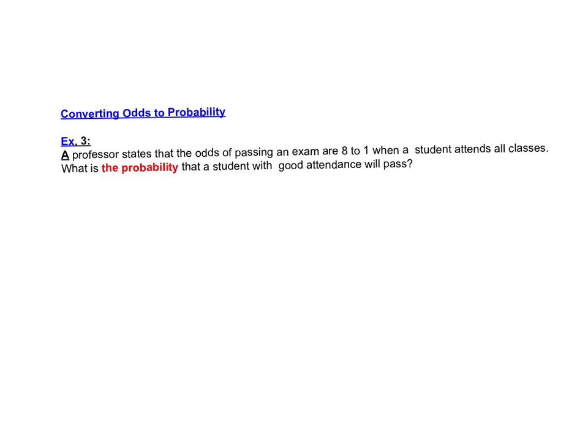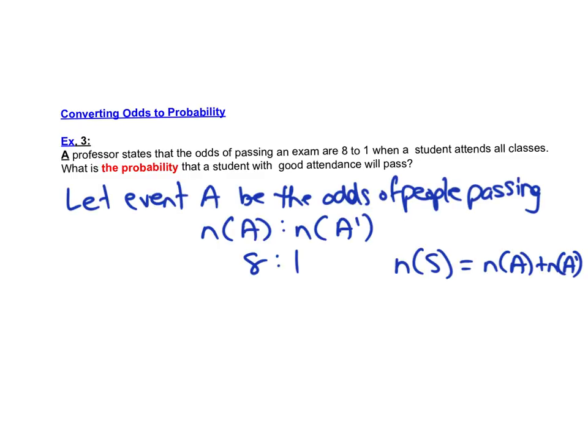Again, we need to set up our variables. So our event A is going to be the odds of someone passing, which means that the counter to that is the odds of somebody not passing on the other side of the ratio. But remember that we get our sample size from adding the number of event A to the number of event A prime, or the number of events of it not happening.